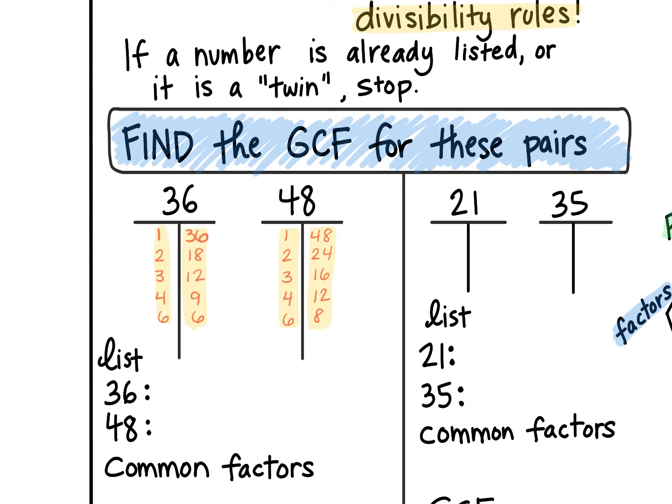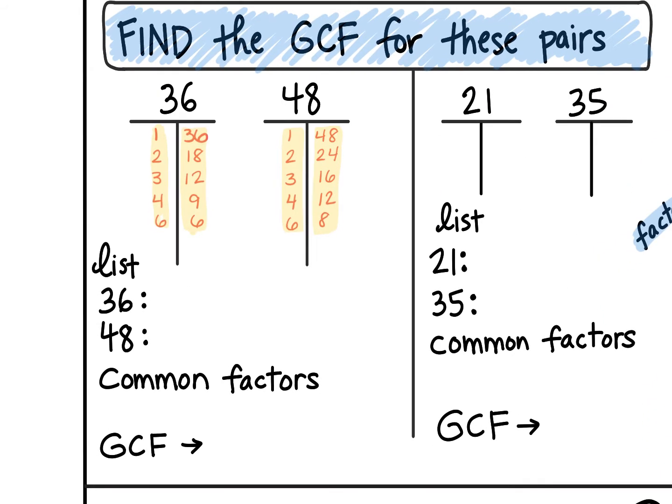So now, there's one way of listing it. You can list the factors this way in a T-chart. Another way that students are taught is called the rainbow method, where they write 1 and 36, and it's called the rainbow method because they meet like this, and then 2 and 18, 3 and 12, 4 and 9.